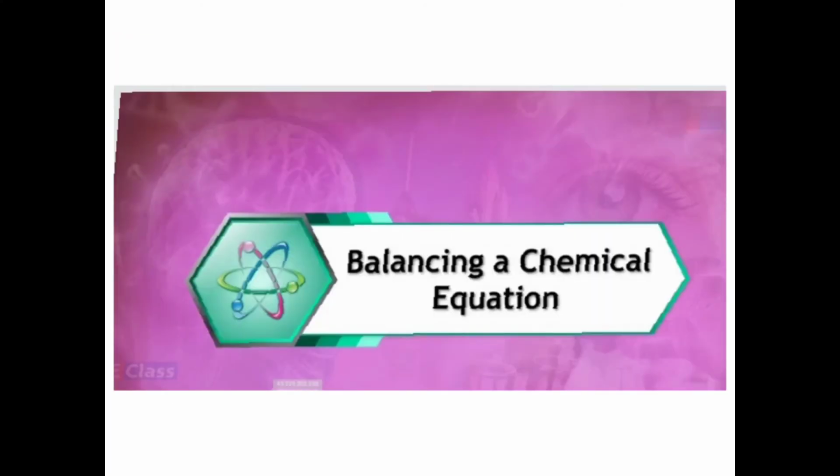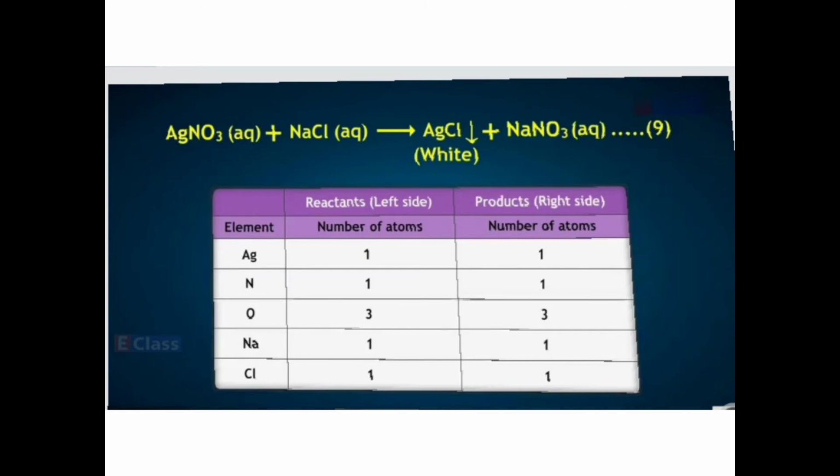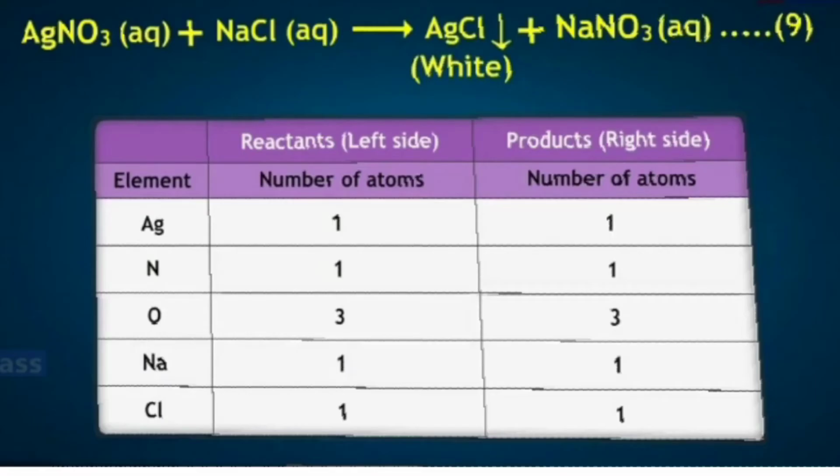Now to see the balancing of the chemical equation, children, we have to make two parts, the left hand side of the reactant and the right hand side of the product, and we are going to write down the names of all the elements which are present in the reaction. So in this equation, AgNO3 plus NaCl gives you AgCl plus NaNO3.